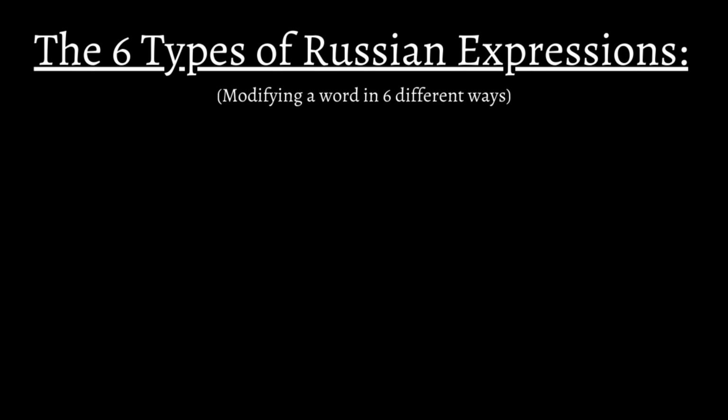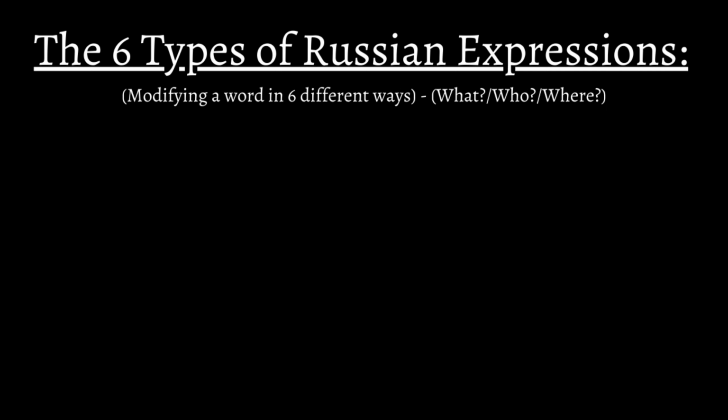Russian modifies words in 6 different ways, therefore accommodating the 6 expressions. At first, this concept can be perceived with question words like what, who, and sometimes where that get modified when you formally express them. Even though I already gave their formal definitions, here is a more extended and personal explanation of what each expression does.